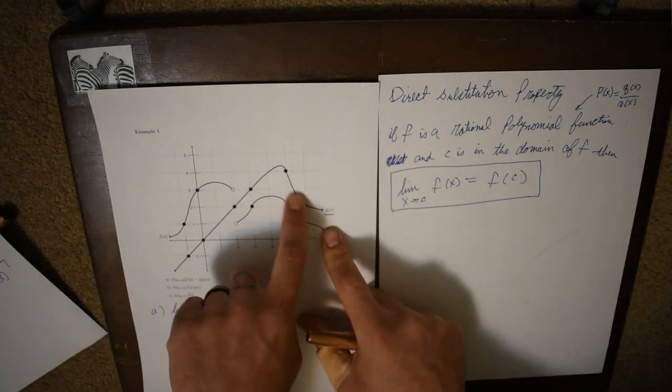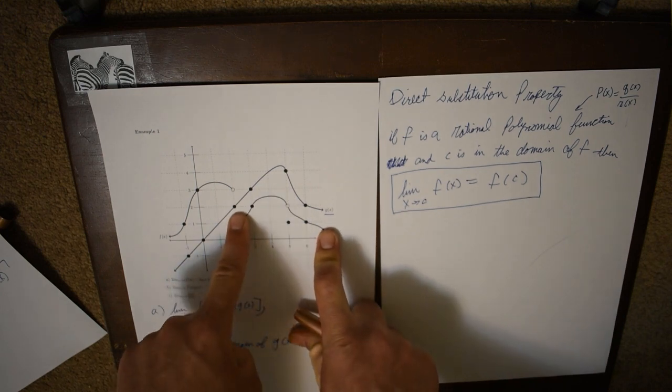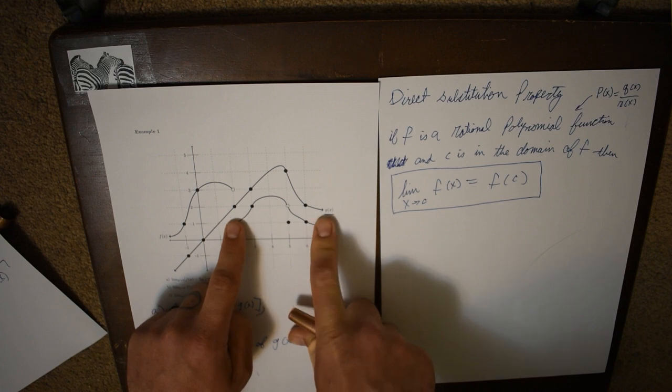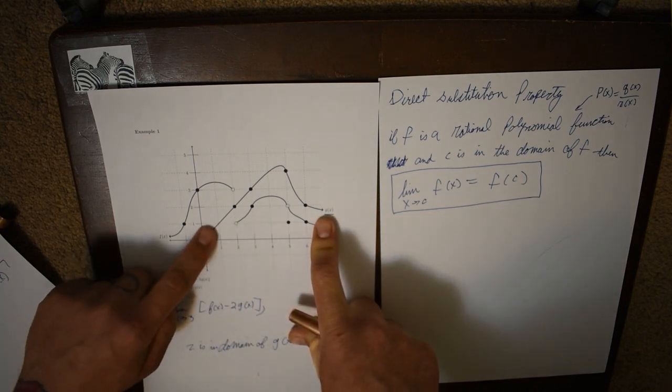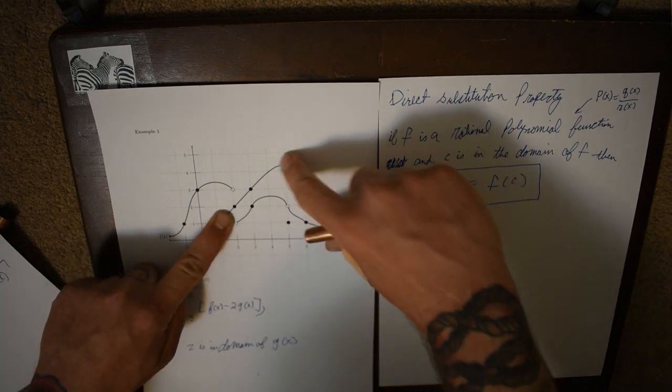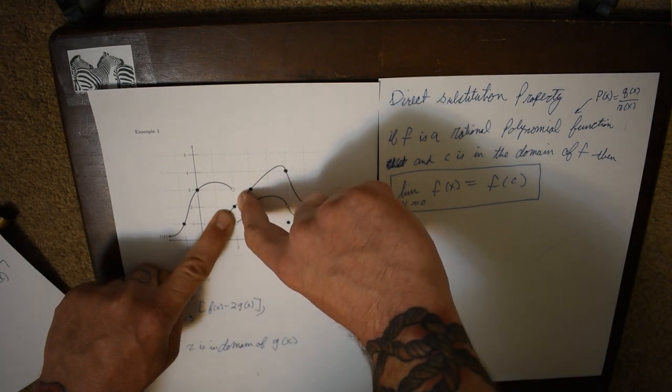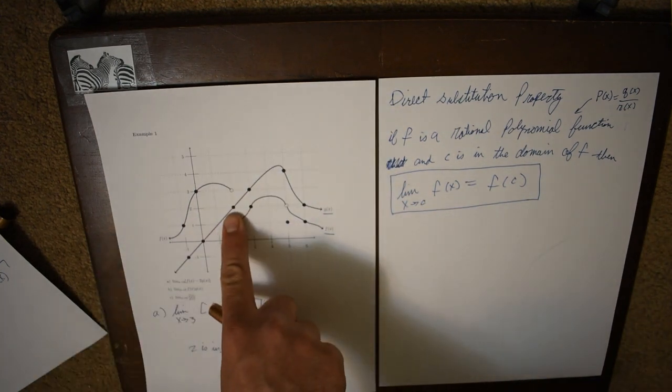You can tell that 2 is in the domain of g of x because there's a dot on its graph for g of x. Well, the limit as x approaches 2 from the left and the limit as x approaches 2 from the right is equal to the function evaluated at 2 because 2 is in the domain of that function.